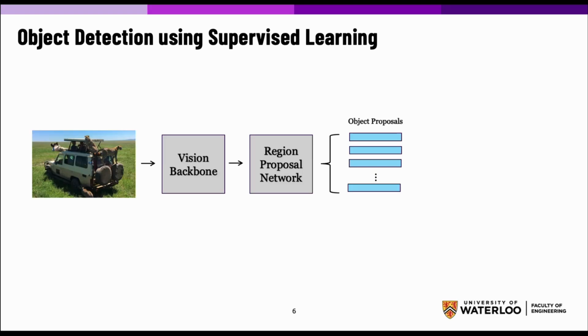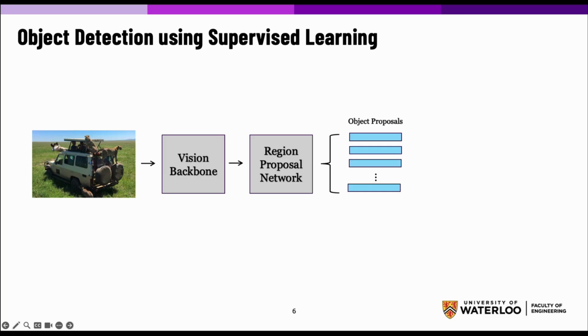So revisiting our supervised case, how you perform the classification is you first start with an image. Here we have an image of someone getting mauled by cheetahs. Well, he seems to be enjoying it. Then you take the image and feed it through a vision backbone, which extracts the features that you feed to potentially some region proposal network, and that will produce object proposals.